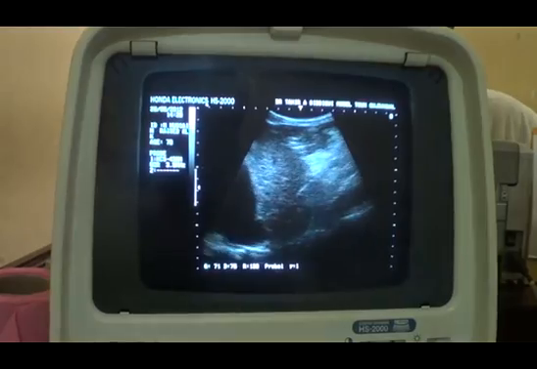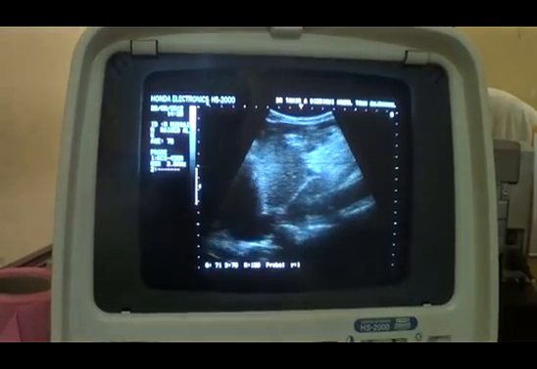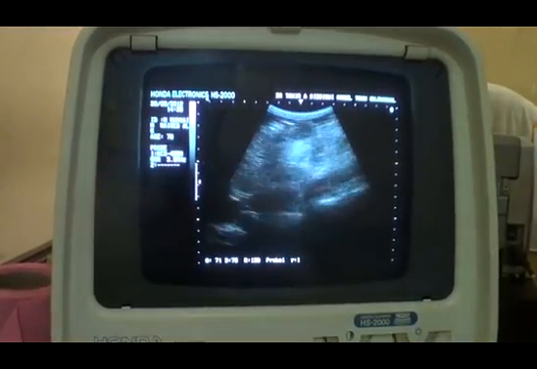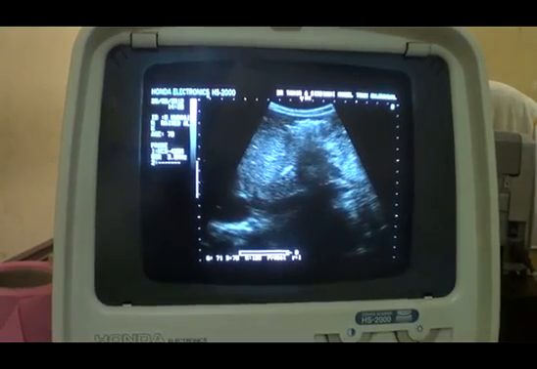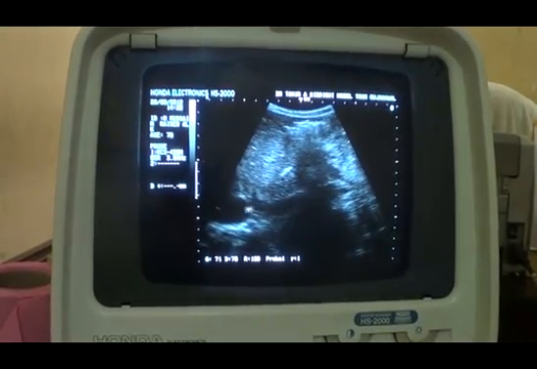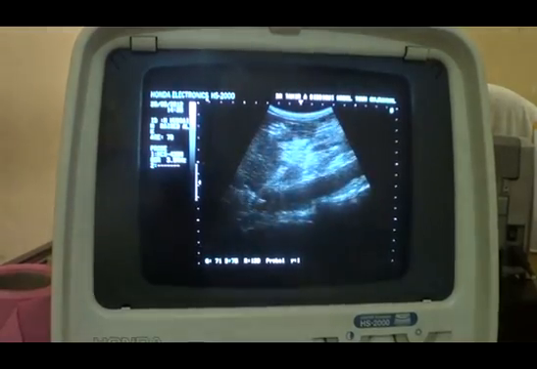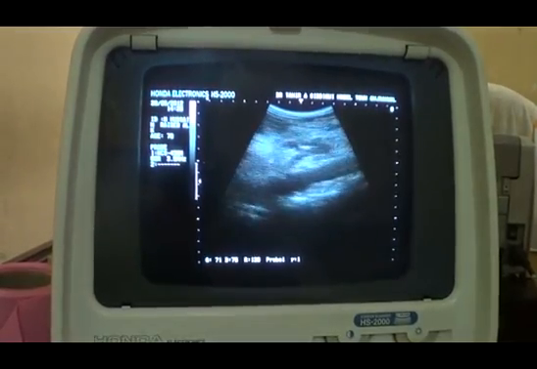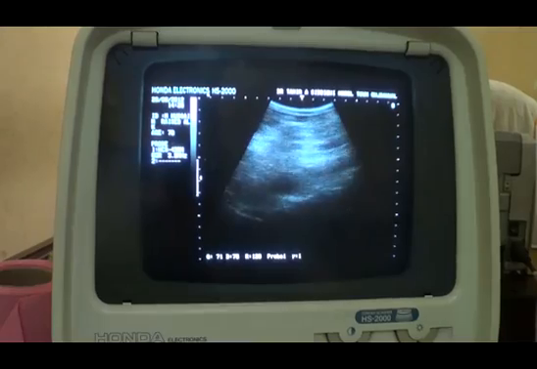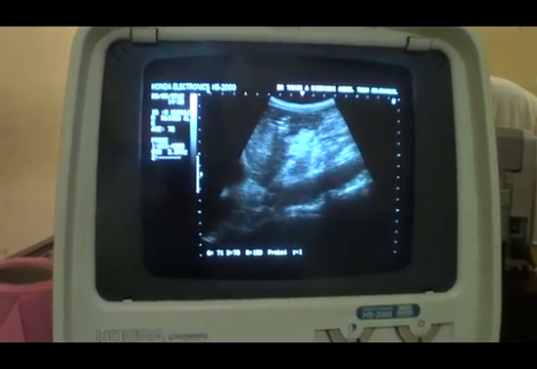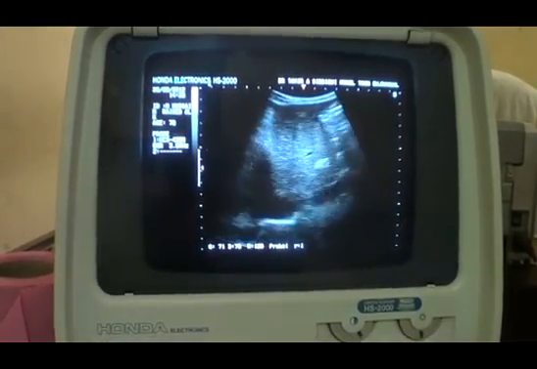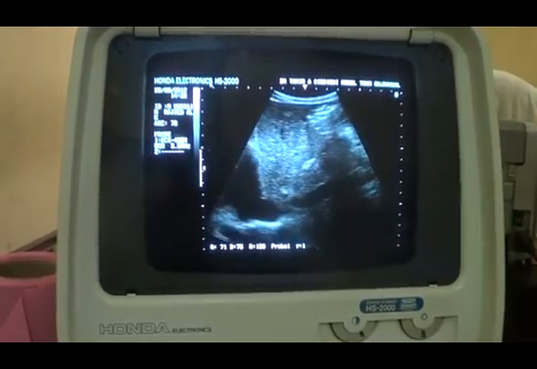Now this is the inferior vena cava. Here, this one. This is the IVC, a curved vessel. This is the aorta. And there is no evidence of aortic flank adenopathy.